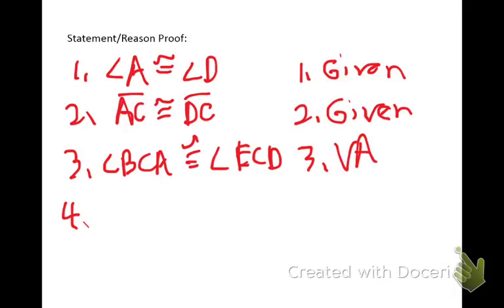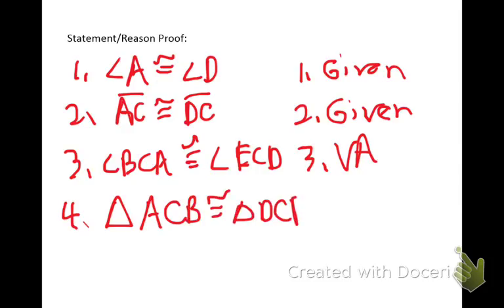Okay, let's name them. Name the triangles correctly. So we could say triangle ACB is congruent to triangle DCE. He got the corresponding parts matched up there when he named it. And how did we know that, Chris? Which shortcut is that?